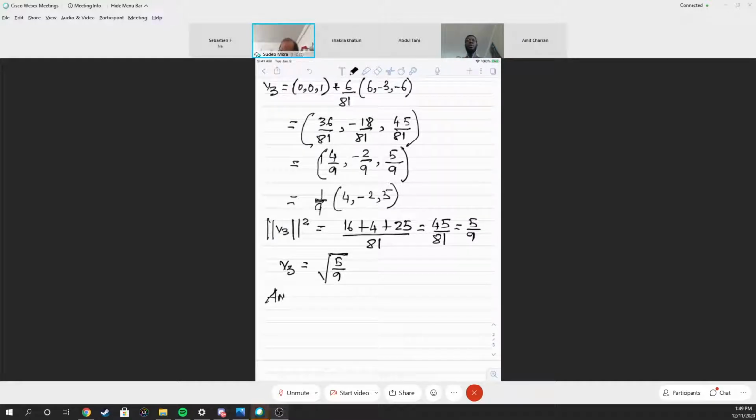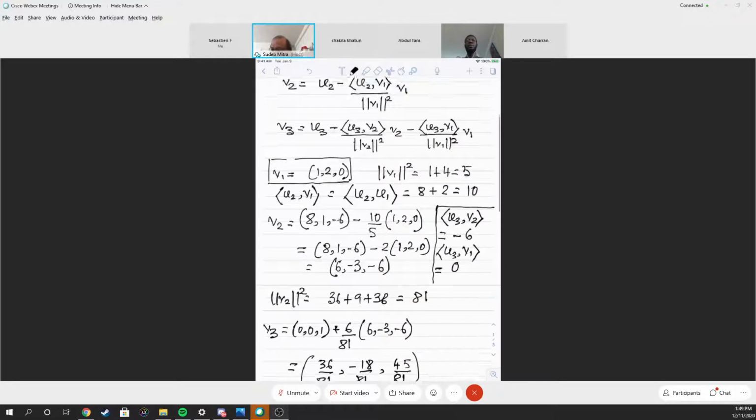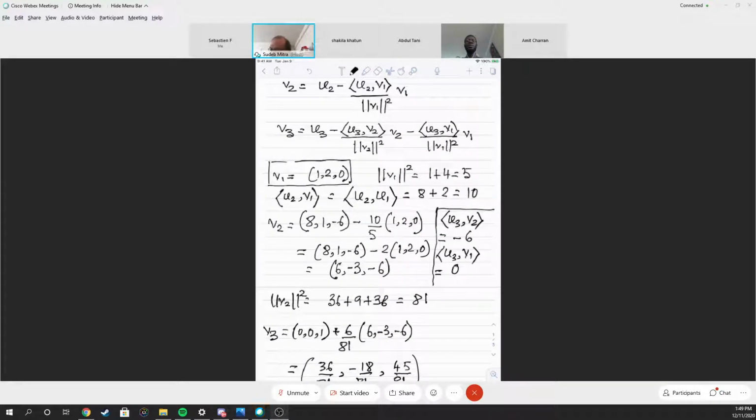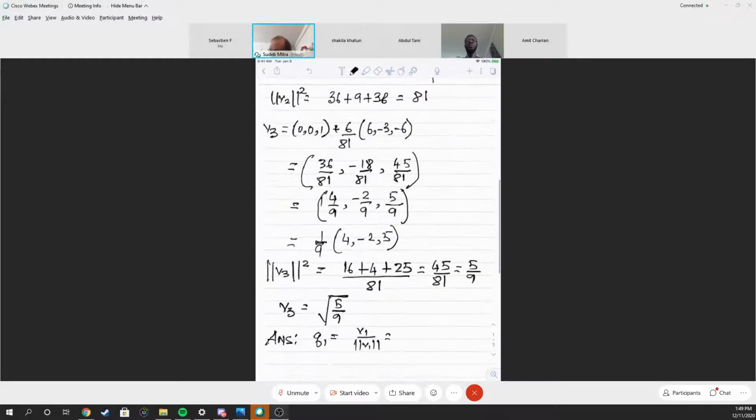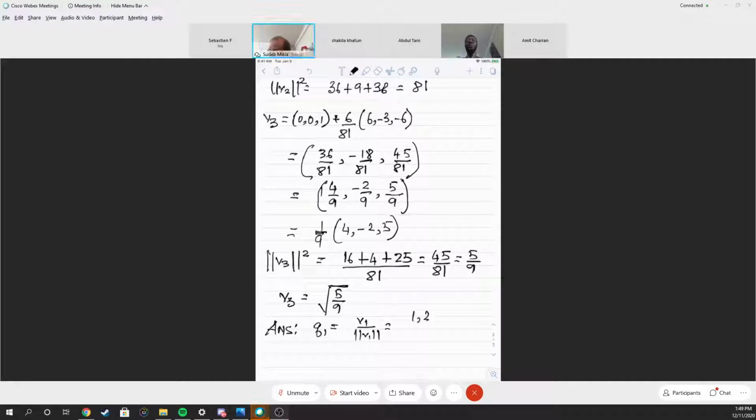Answer. Q1 is V1 upon norm of V1. V1 was (1, 2, 0). Norm of V1 is square root of 5. That's one thing.